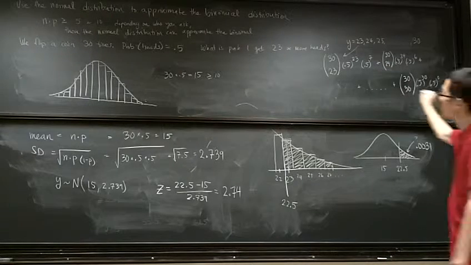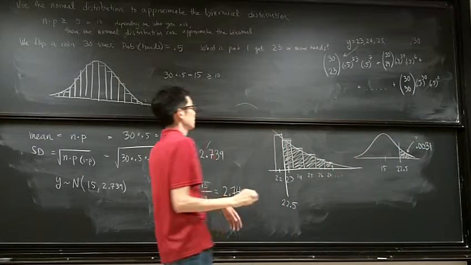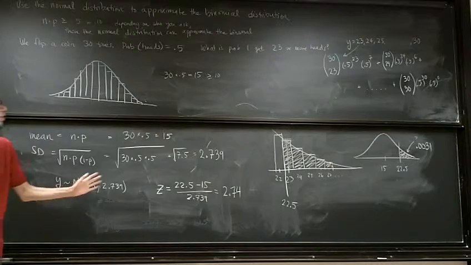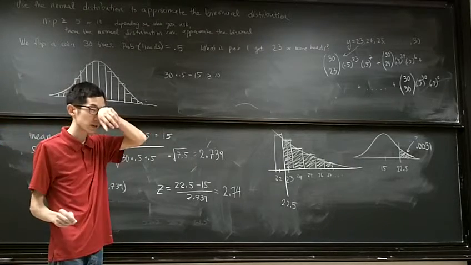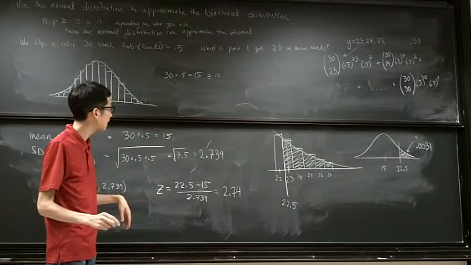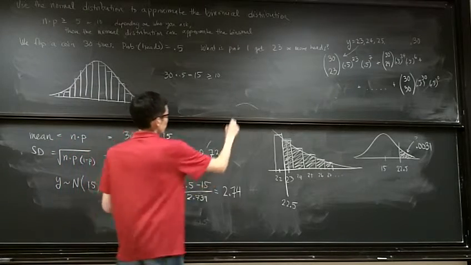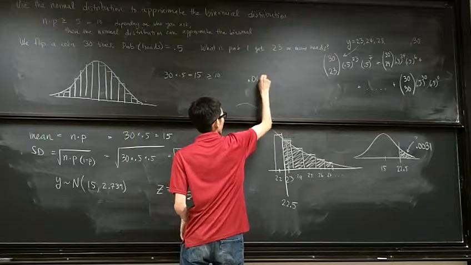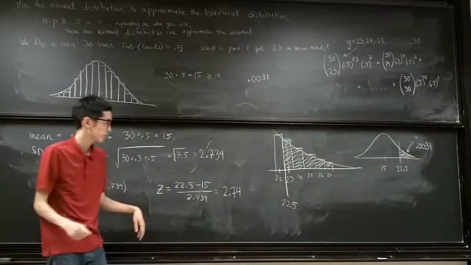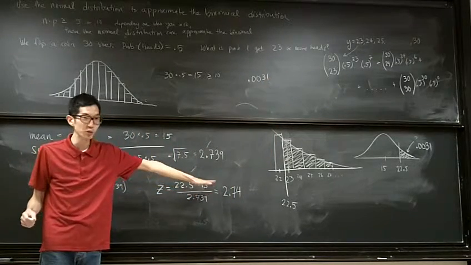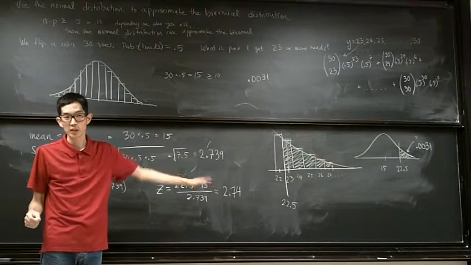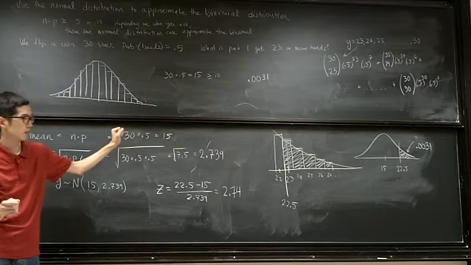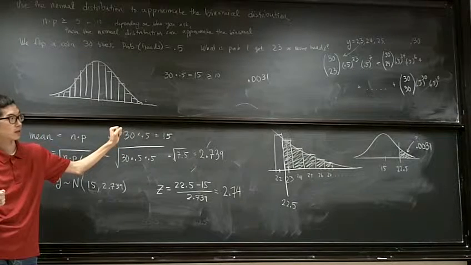So if I did all of this, my normal approximation says I would get an answer that's close to 0.0031. So that's looking up z equal to 2.74 and finding the area to the right. Is that okay?